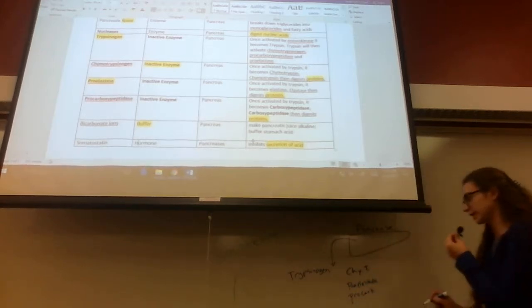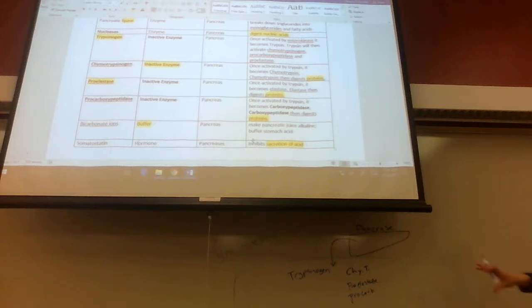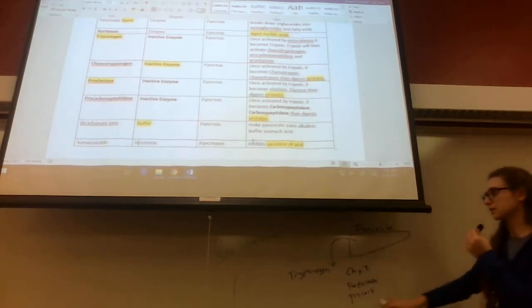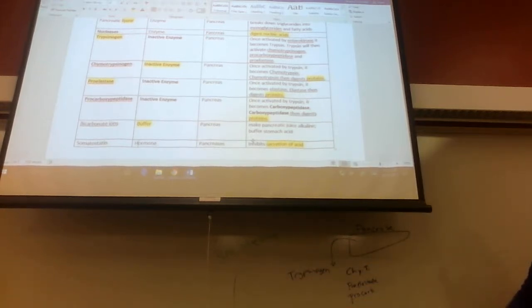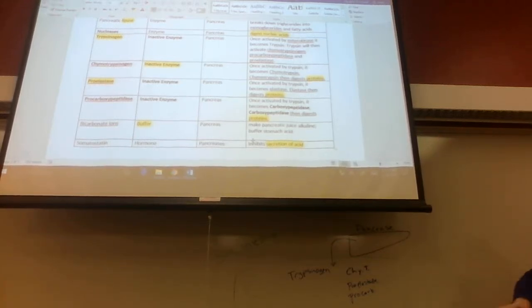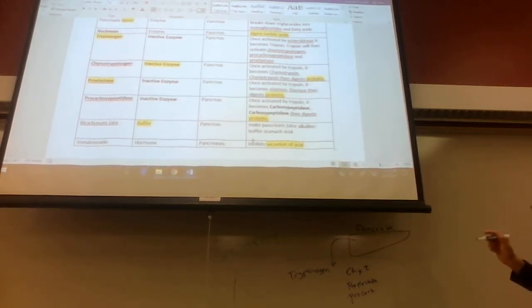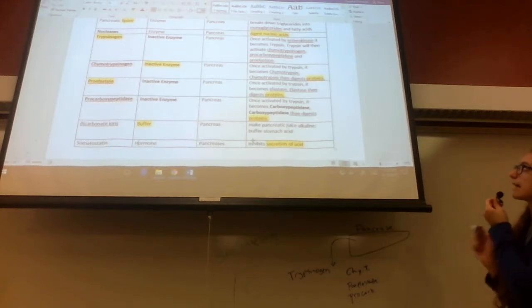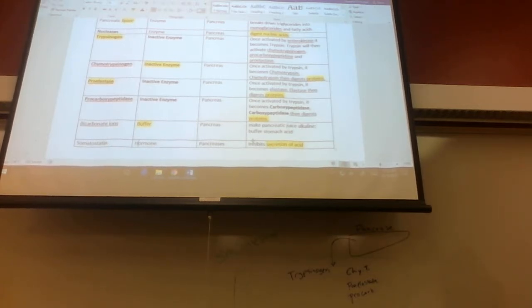I kind of abbreviated these, so you might want to start making this if you can. Basically, I'm going to read these definitions, but then I'll draw it out once we move on to intestinal enzymes. Your trypsinogen, once activated by enterokinase, becomes trypsin.